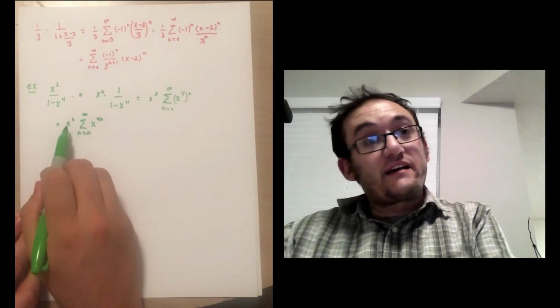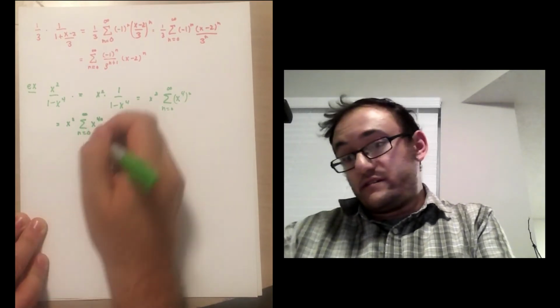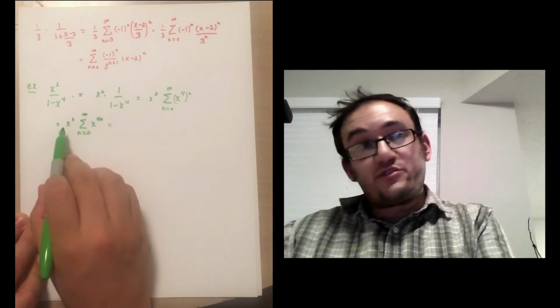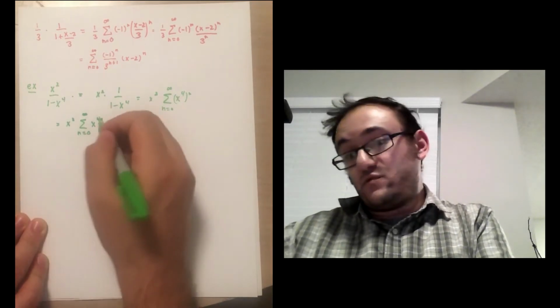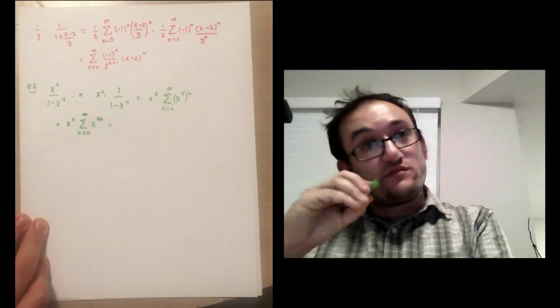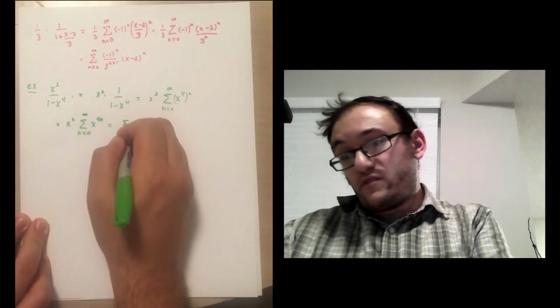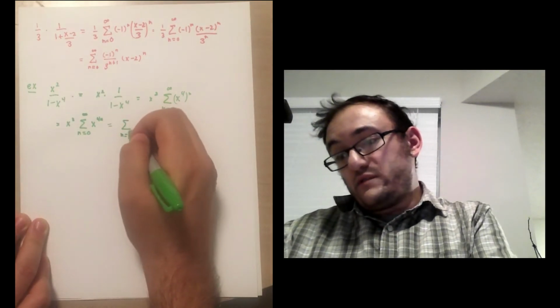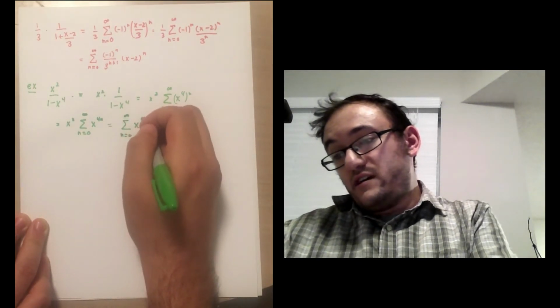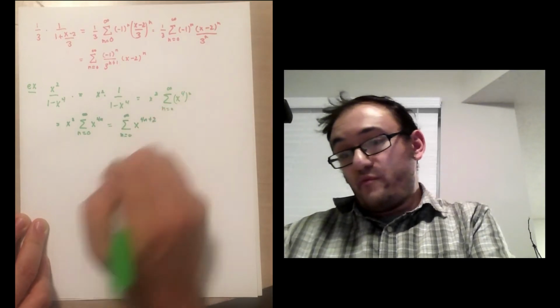I can actually move that x squared back into this series. Okay, you just make sure you multiply each term by the x squared, because multiplication distributes over addition. And you get n equals 0 to infinity of x to the 4n plus 2.